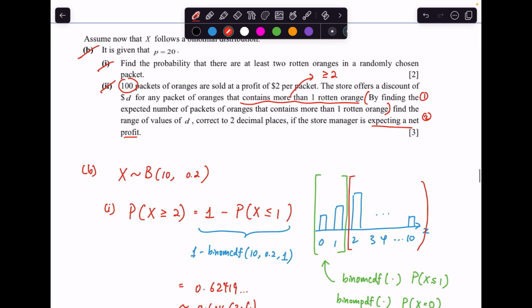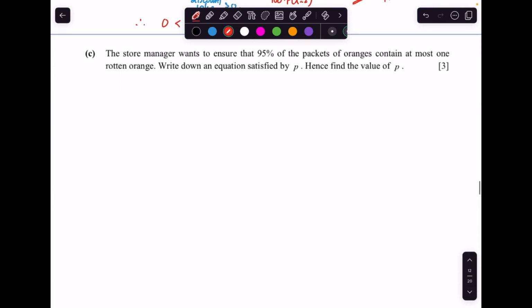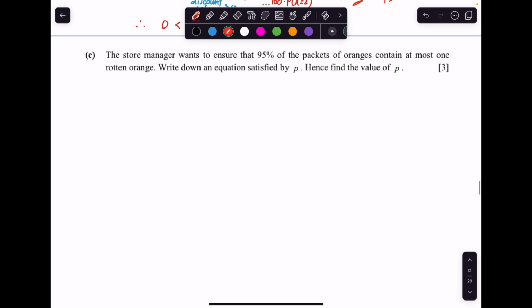Let's look at part C. For part C, the store manager wants to ensure that 95% of the packets of oranges contain at most one rotten orange. So basically, I want to ensure that 95% of the packets contain at most, okay, packets, right? So X is the number of rotten oranges in one packet.